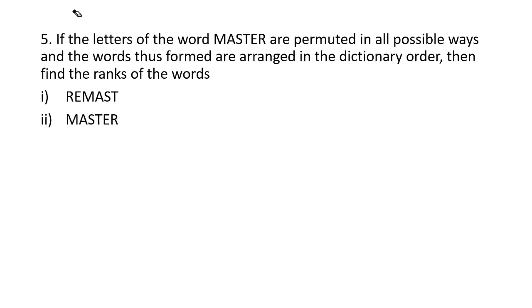The given letters are MASTER. So the letters in dictionary order are going to be A, E, M, R, S, T. So these are the 6 letters that we have.